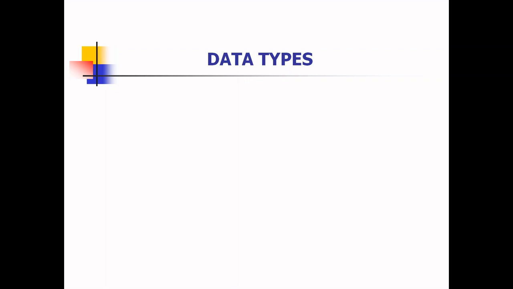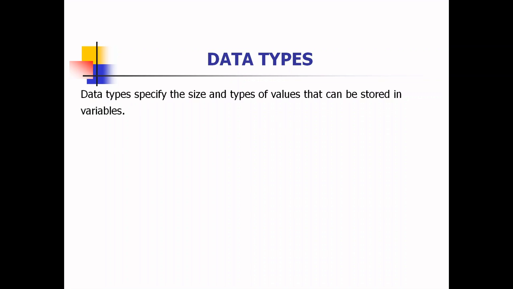The variety of data types available allow the programmer to select the type appropriate to the needs of the application. Data types in Java under various categories have been shown in this diagram.